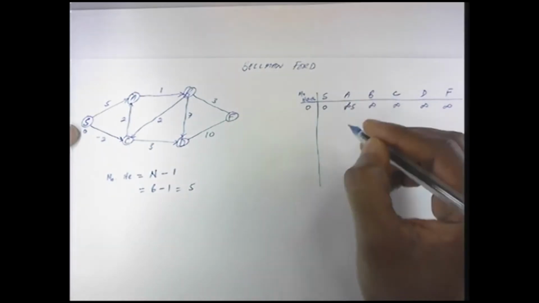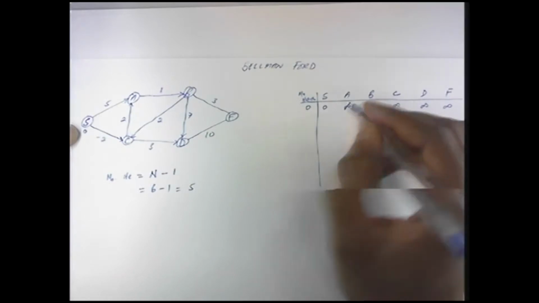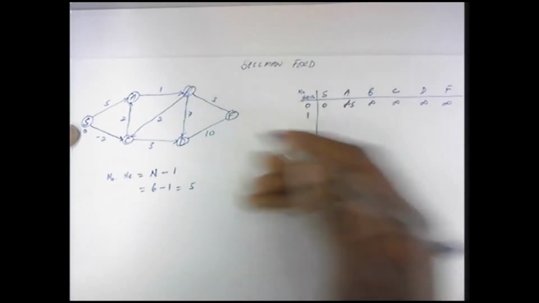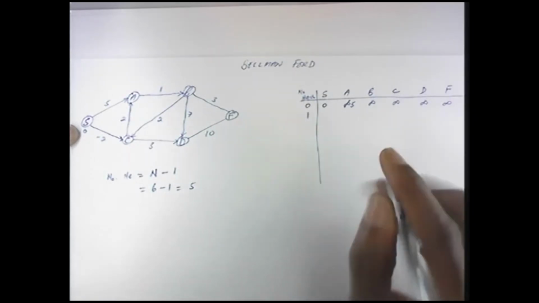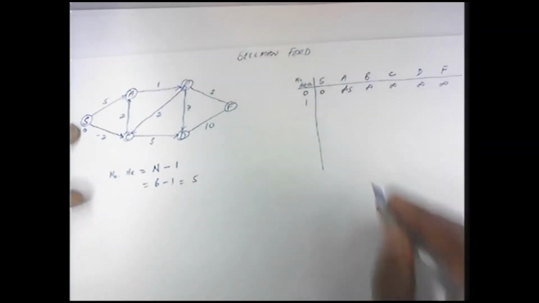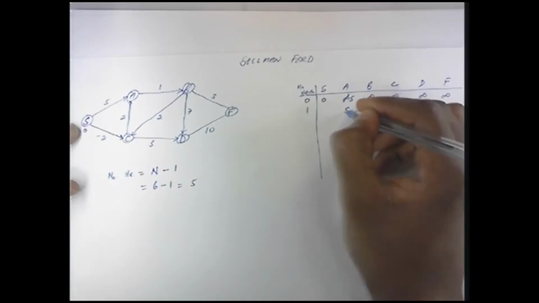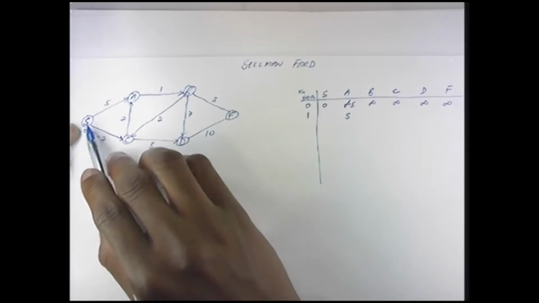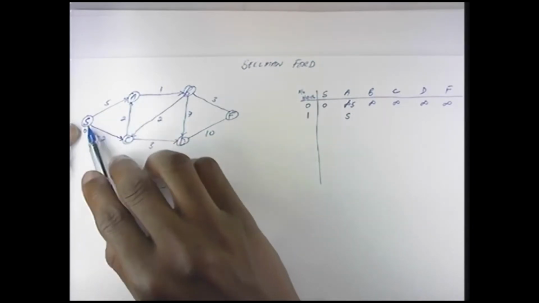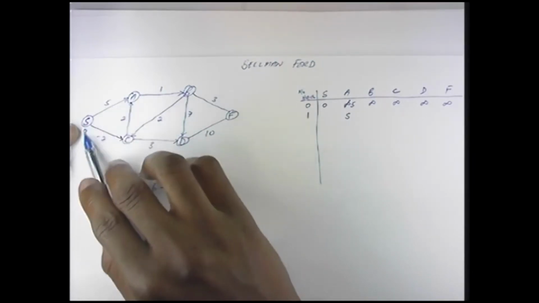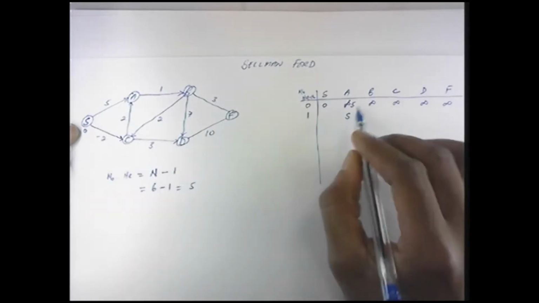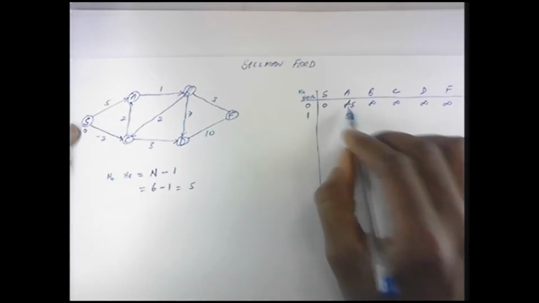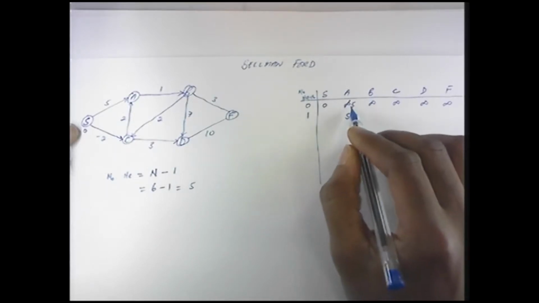Now, this is the first iteration I'm doing, so I put 1 there. That's the first iteration. And the predecessor is S, so I put S beneath it. I take that again. From S to A, it costs me 5. 5 plus 0 is 5. Compared to the current cost at A, which is infinity, 5 is smaller, so I take the 5.